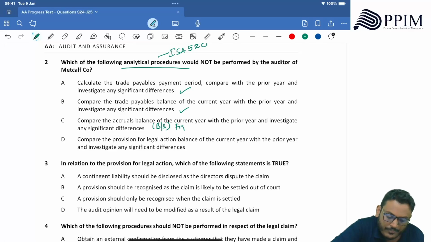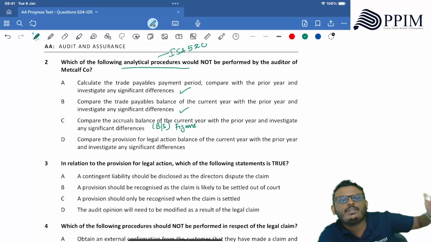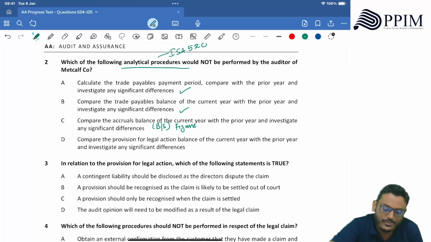Balance sheet figure. So I told you normally income statement figures, yes, we can compare with the previous values. But you can't compare the accruals. See here: compare the accrual balance of the current year with the prior year.